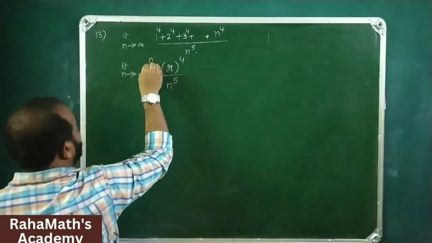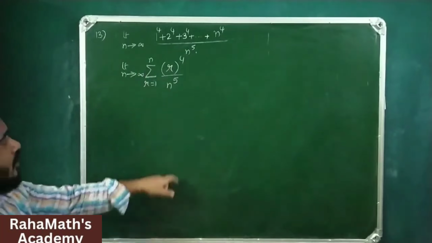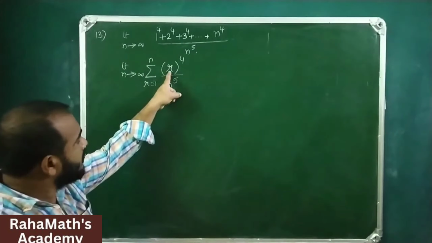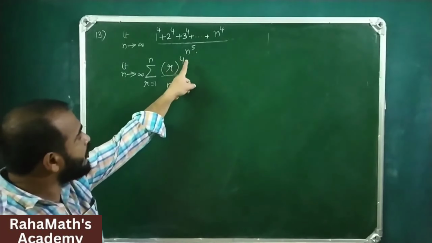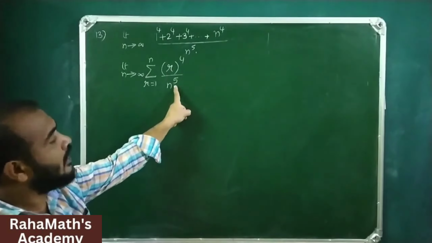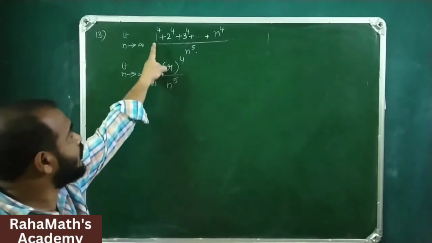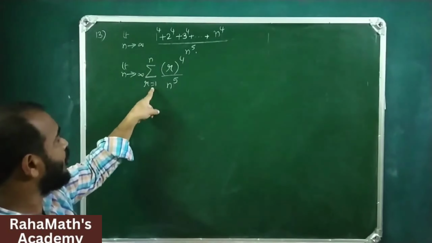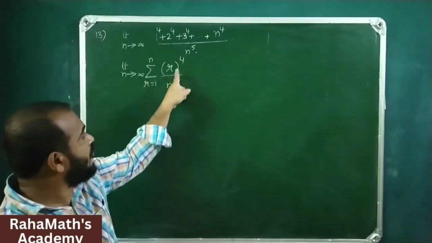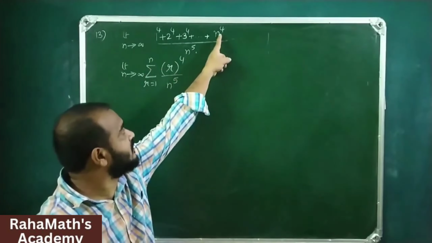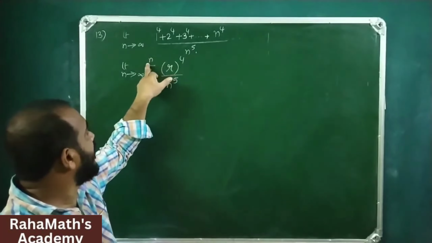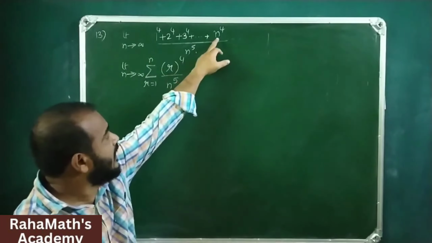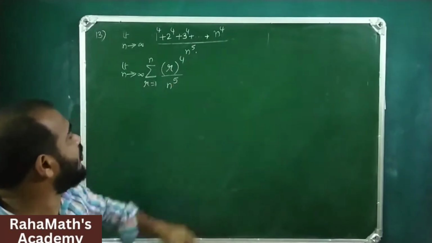So you can even check it out also. First give r equals to 1. So this is 1 power 4 by n power 5. So r equals to 1 is over. Then 2 power 4 by n power 5, etc. Finally r value is n, the last term. So we are getting n power 4 by n power 5.